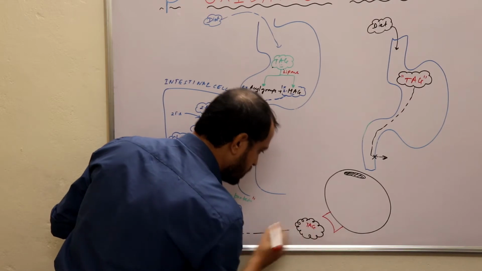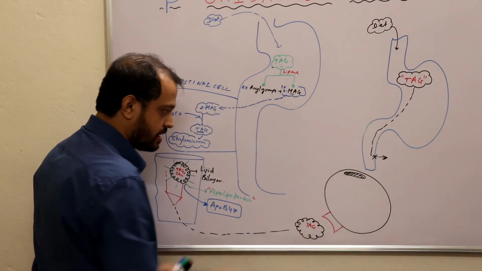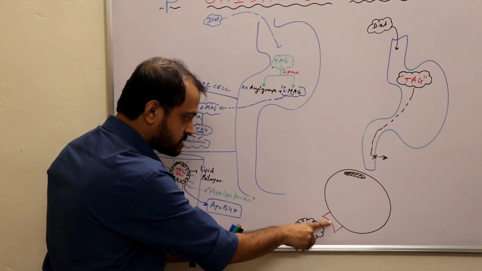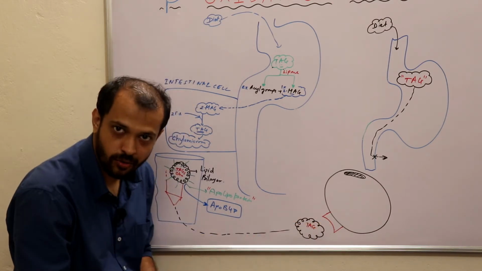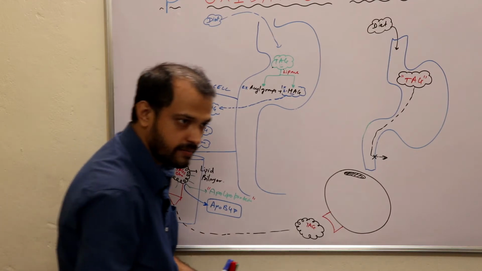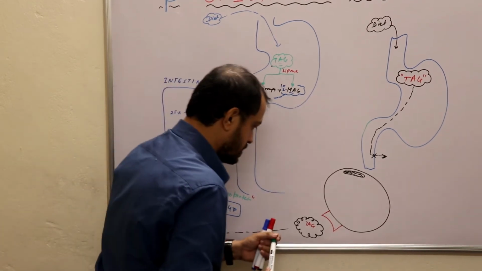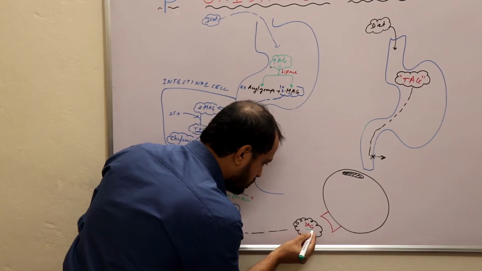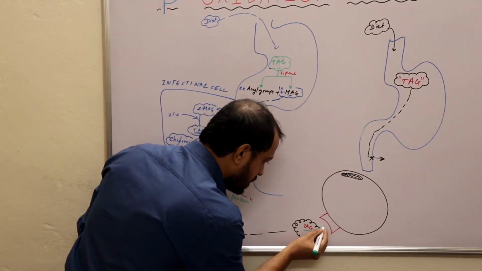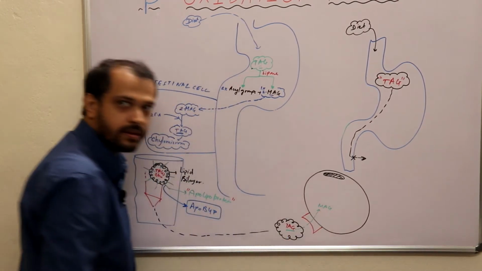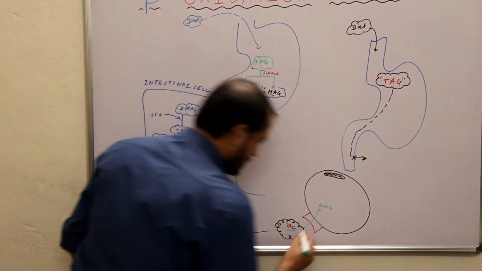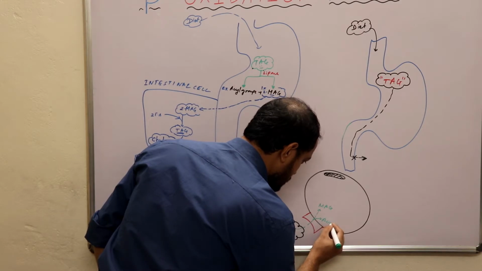Whenever chylomicron interacts with this enzyme, TAGs will be broken down and will enter as MAG and acyl groups.